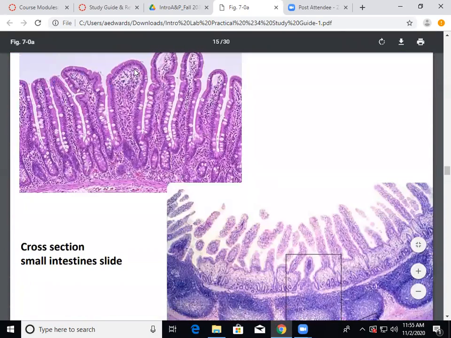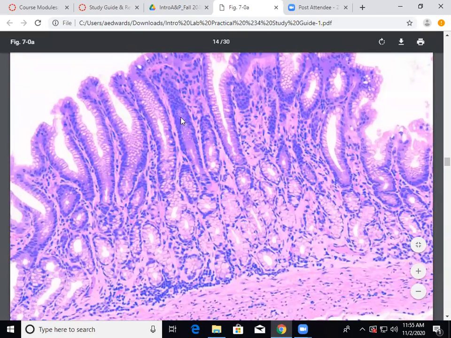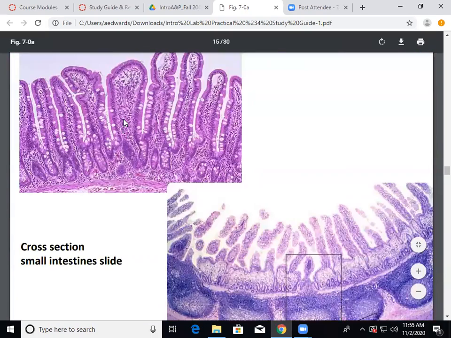But you have more defined ridges in the small intestines, and that's because the small intestines is where you absorb the majority of your food, so you want more surface area. I would also say in comparison, you have a lot fewer goblet cells in your small intestines than in your stomach, because you have other materials in your small intestines to counteract the acid that you see in the stomach.